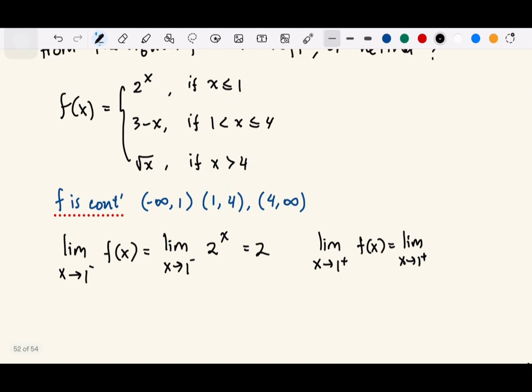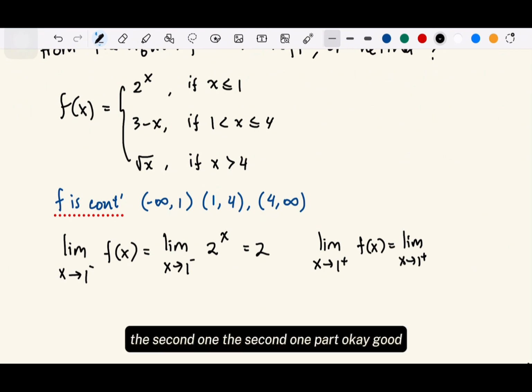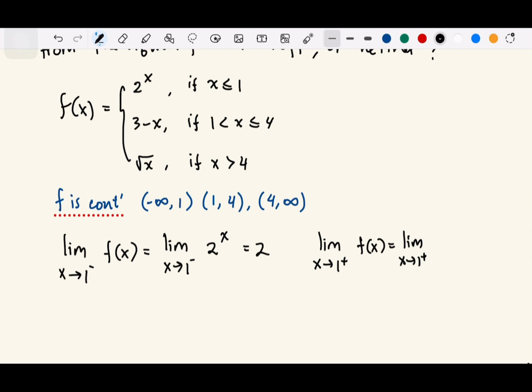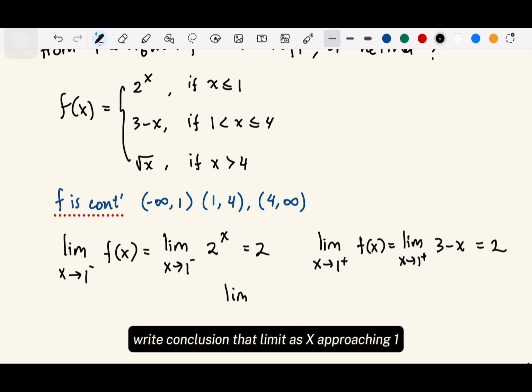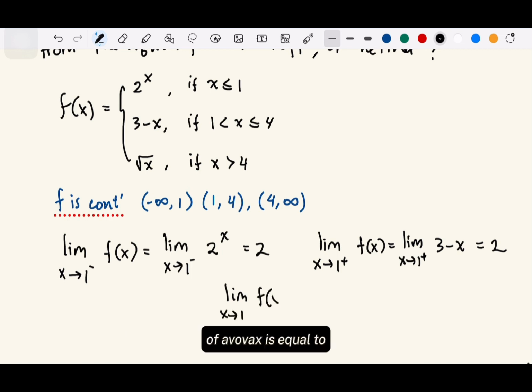Which function? The second one, correct. Okay, good. So this is 2. Then we can write the conclusion that the limit as x approaching 1 of f of x is equal to 2.